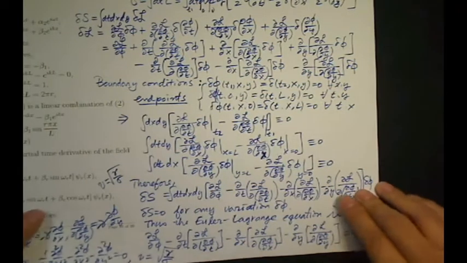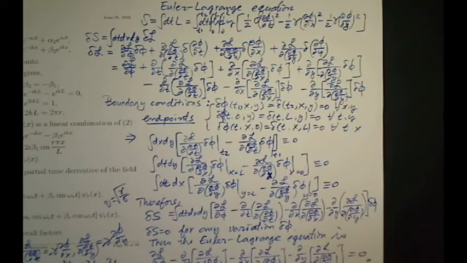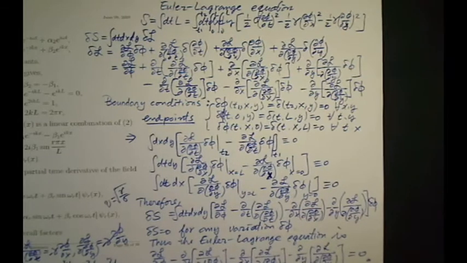Next, we consider the Euler-Lagrange equation. For the vibration of a membrane, we have constructed the Lagrangian density for the membrane problem, and the action can be constructed by integrating the Lagrange density function over space and time.